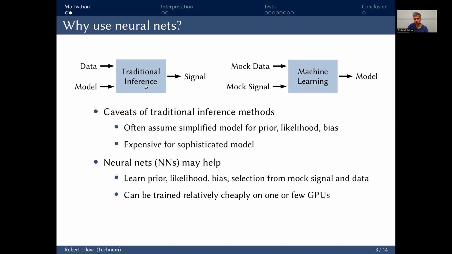There you flip around the inputs and outputs of the schematic, and both the data and the signal matching that data are the inputs to your machine learning process.